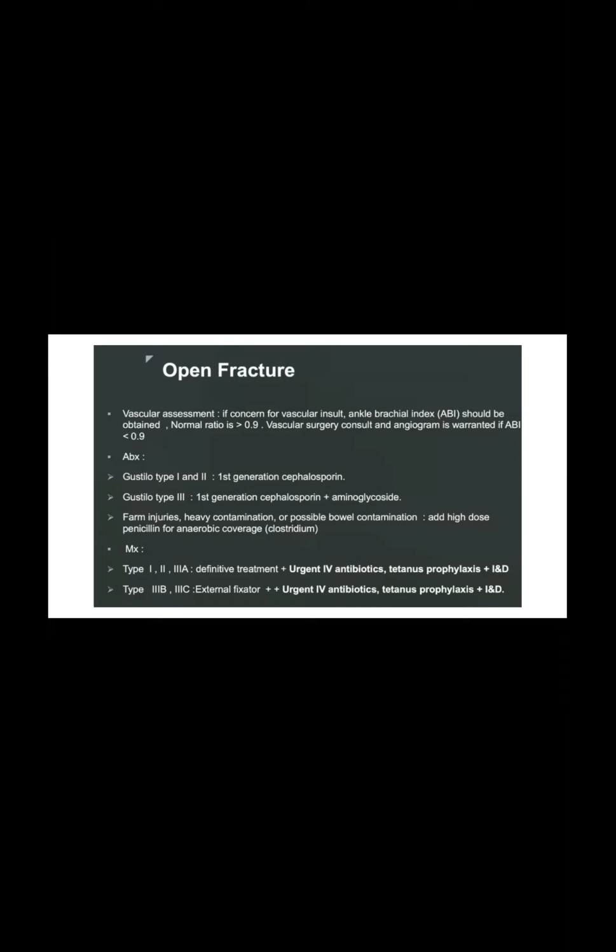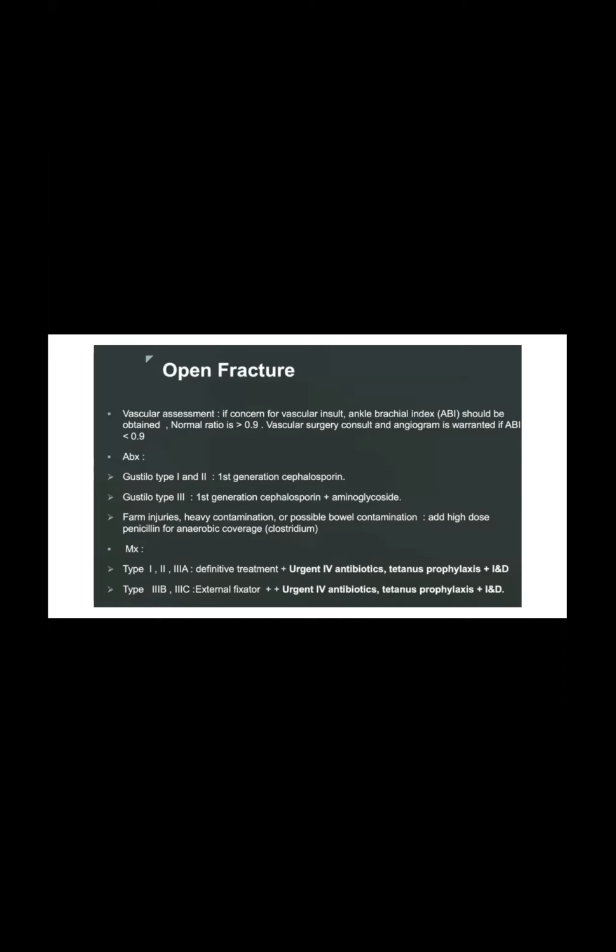Type 1 and type 2 are the mild forms, with laceration and soft tissue injury, so we can start a first generation cephalosporin. In the third step, first generation cephalosporin along with aminoglycoside; for farm injury or heavy contamination, we have to add penicillin.